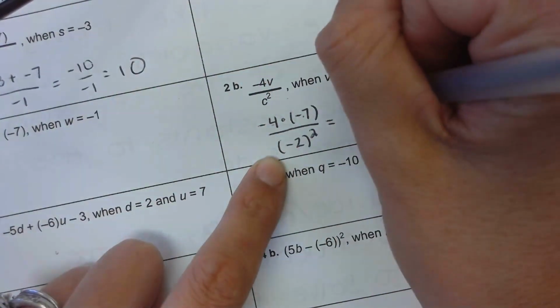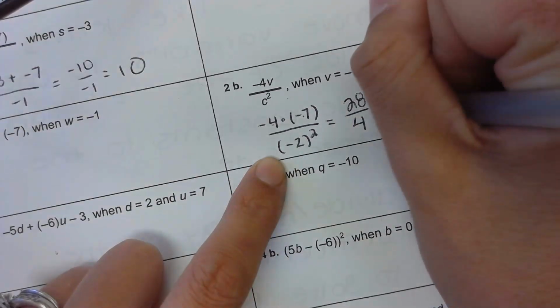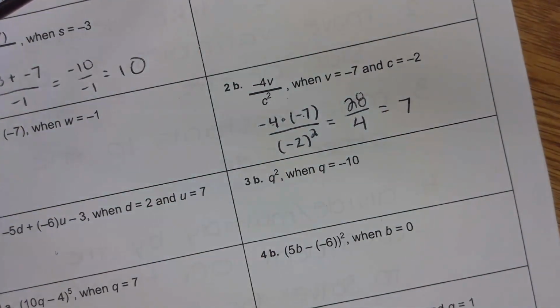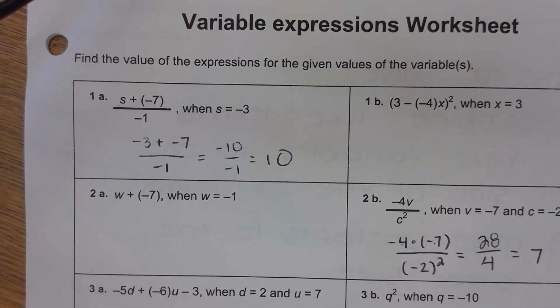A negative times a negative is also a positive. So you get 28 divided by 4, and your answer is +7, because all the negatives ended up canceling out. So I think we should be okay with that.